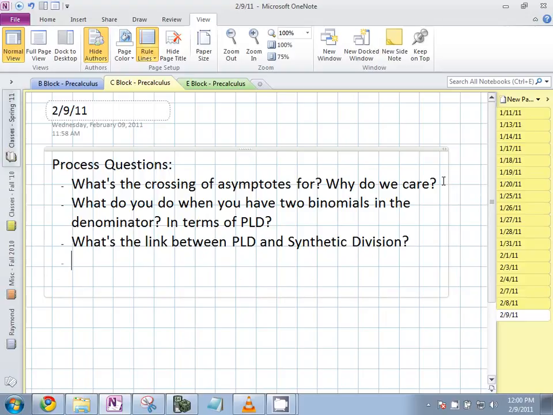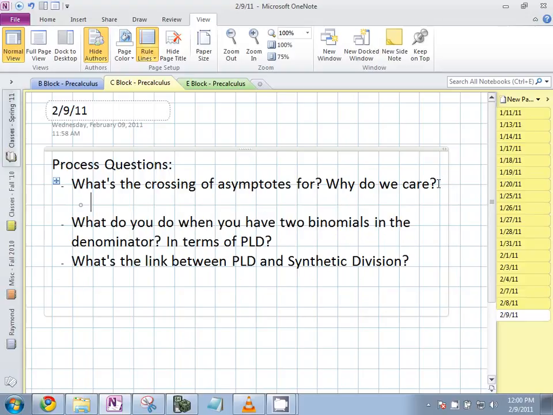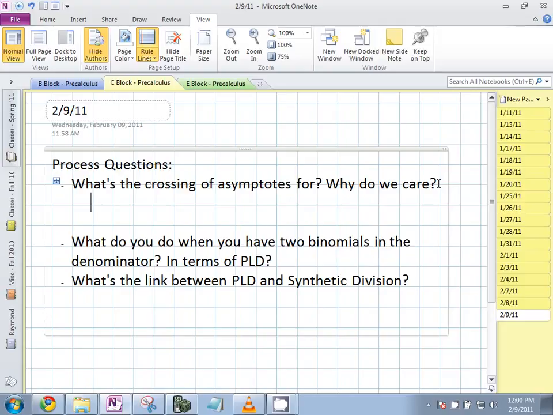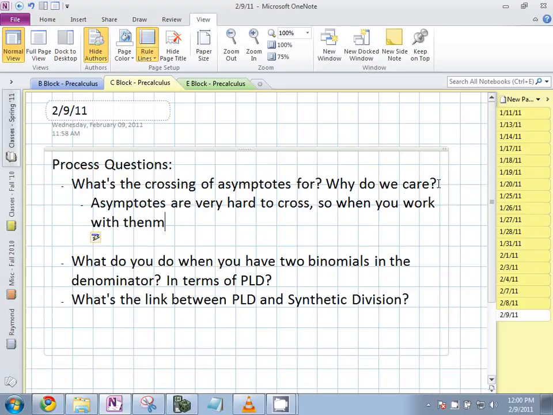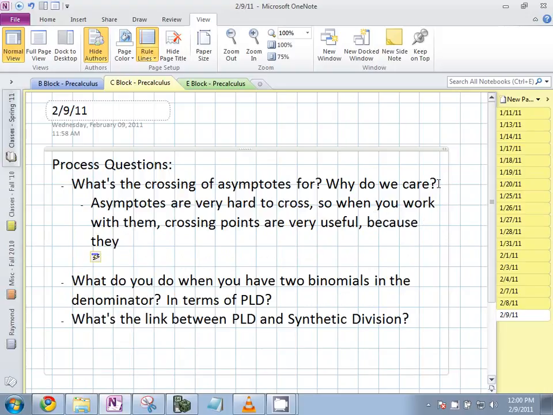Okay, so the short answers, and then we'll do some examples. What's the crossing of asymptotes for? The simplest way I can put it is this. Asymptotes are very hard to cross, so when you work with them, crossing points are very useful because they give you an anchor point, would be a good way to say it.